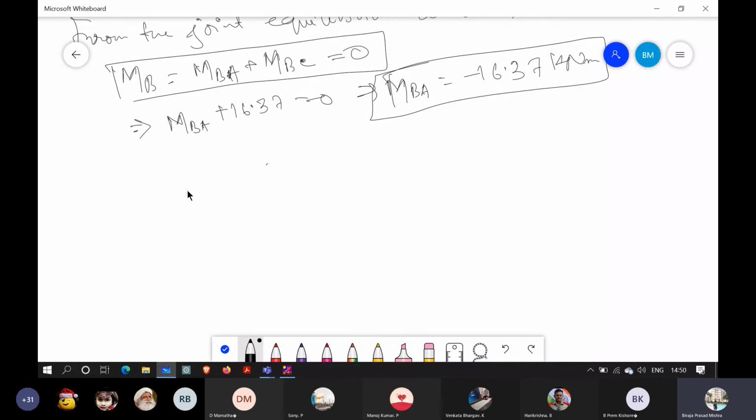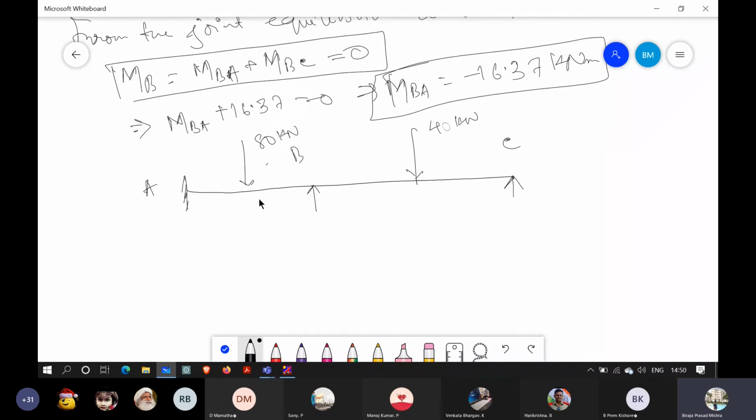Let us draw that once again. After that, there is no overhang. This is A, this is B, this is C. Here we have 40 kilonewton. Here we have 80 kilonewton.